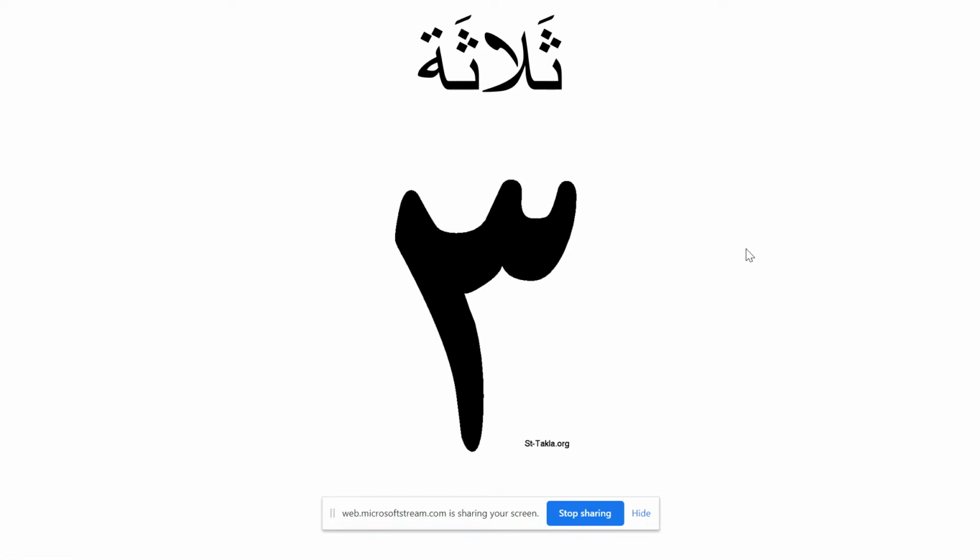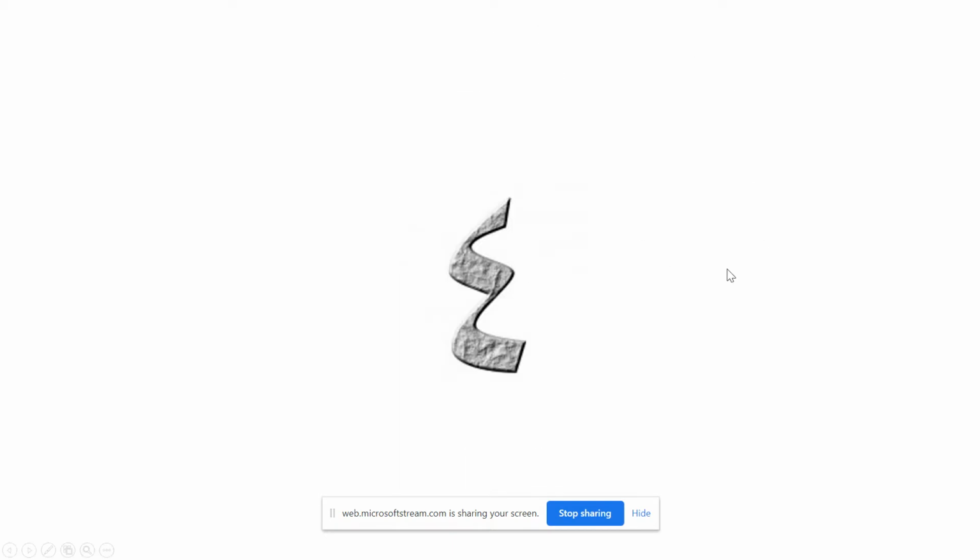I thought we were only covering the masculine versions. With numbers, we flip the script. We add tamarbutas to make them masculine, and we remove them to make them feminine. Remember, this language is a patterned language, but we sometimes flip-flop the rules. So this is thalatha, the masculine 3.